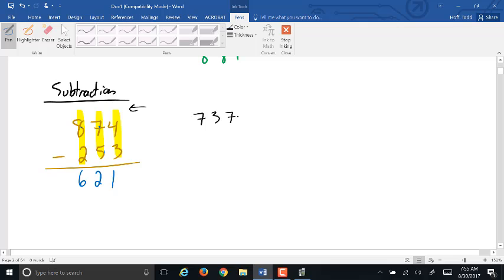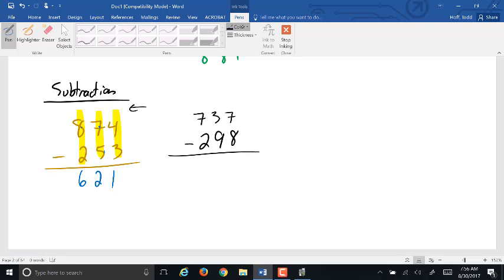borrow for subtraction. We might have like 737 minus 298. So we start on the right and work our way back to the left because 7 minus 8 doesn't work. What do we have to do? Borrow from the 3. It becomes 2.